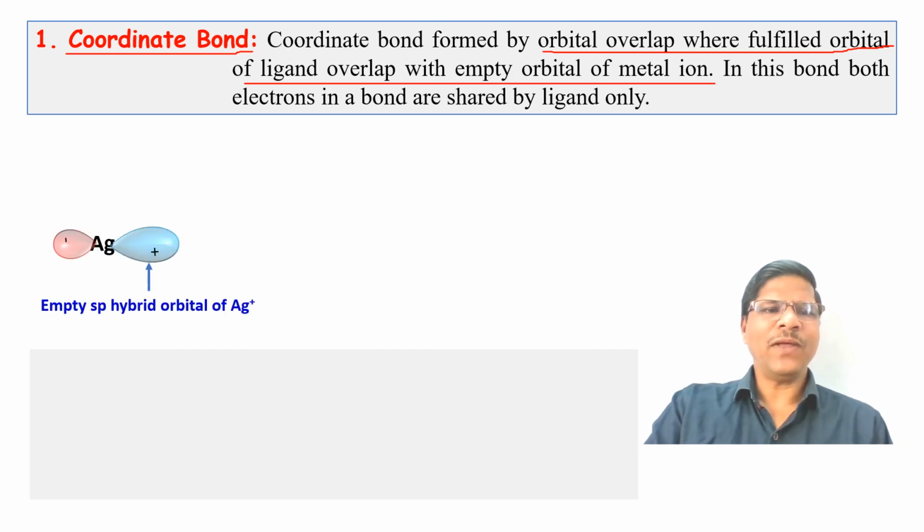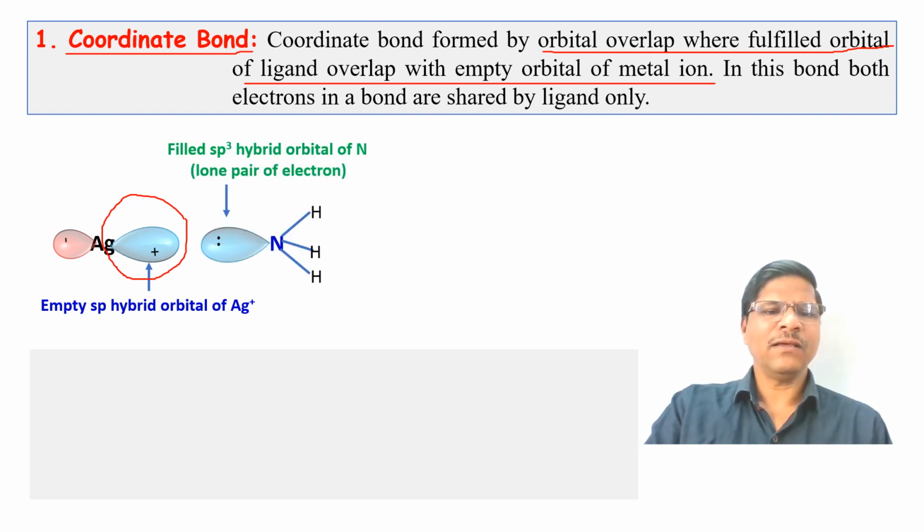So we have an example here. We have the Ag(NH3)2 complex, and I have shown this empty sp hybrid atomic orbital of the silver. Then we have the ammonia molecule. This is the lone pair on the nitrogen, or the sp3 hybrid filled atomic orbital on the nitrogen.